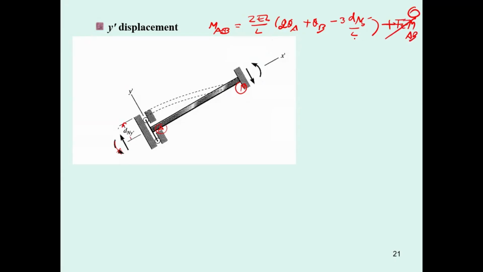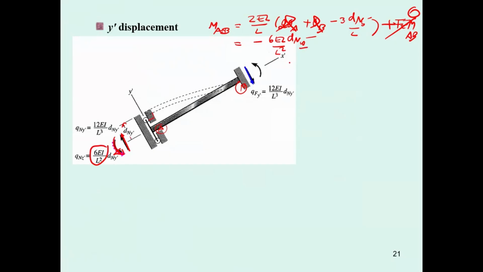This is going to be 0. Since there is only D sub n y prime, this term is 0. This one also, this term is 0. So you will have 2 times 3 minus 6, and then EI and D sub n y prime over L squared is going to be the moment occurring over here. You will get the result to be 6 EI over L squared D sub n y prime.